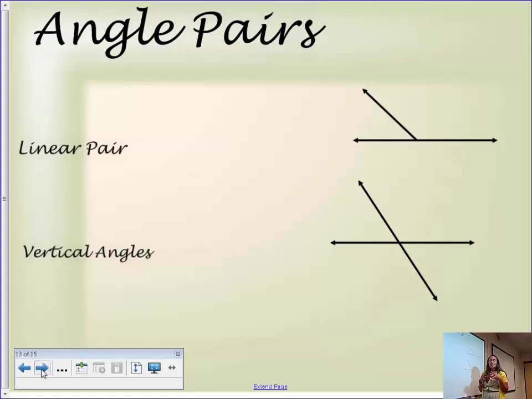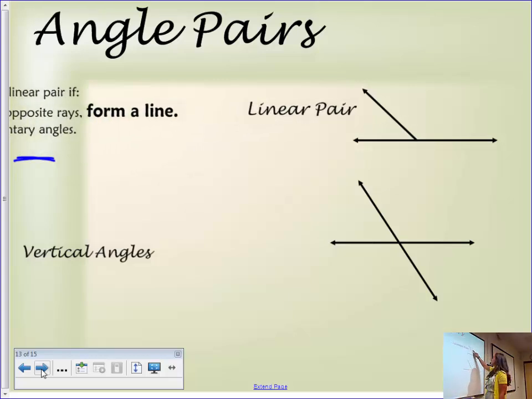The next two are terms that you're going to see in different shapes, especially triangles. You might see them in circles throughout the semester, so you will use these two fairly often. The first one is a linear pair. Within the word linear pair, you see the word line. We're still talking about pairs of angles, so both of these are two angles.